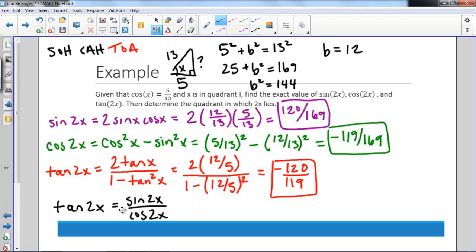Since we already found sine of 2x above, I have 120 divided by 169. We also already found cosine of 2x, which was negative 119 divided by 169. Whenever I simplify this, I'm going to get the same answer as above, negative 120 divided by 119.